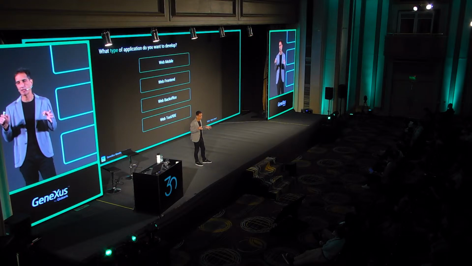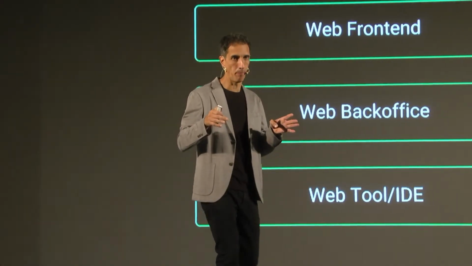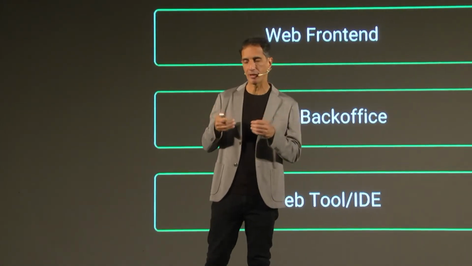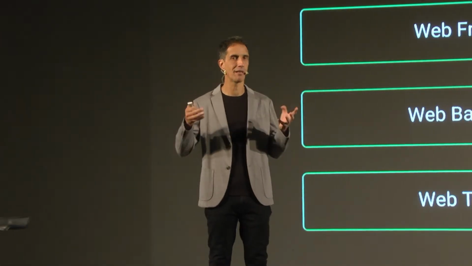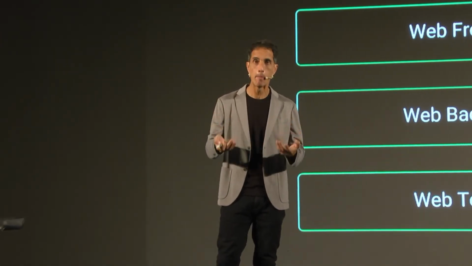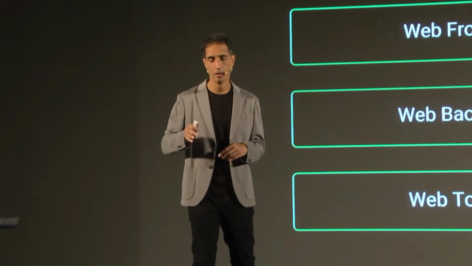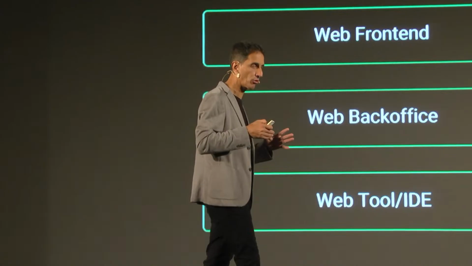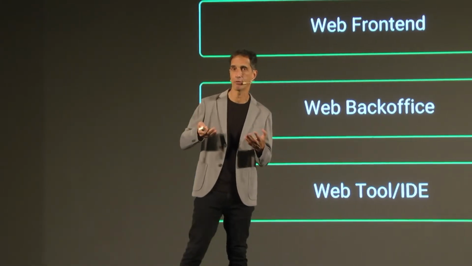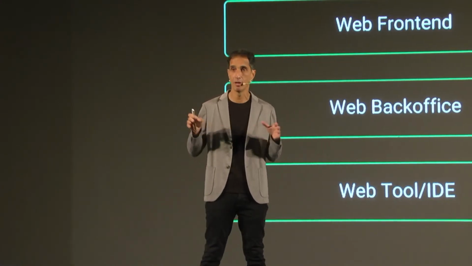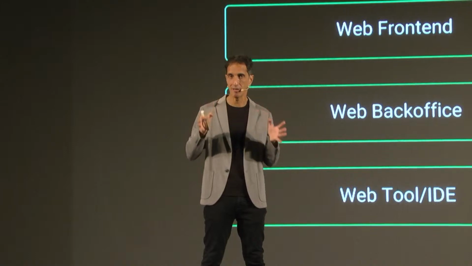Then, to make it more complex, we call it the web back office app. These are more complex apps because, in general terms, the back office is the applications for the company. That's why we call them back office. They are usually meant for users who know how the company operates. They are experts, in inverted commas.